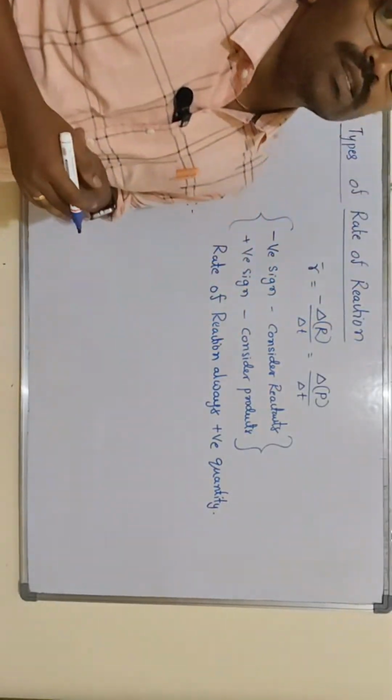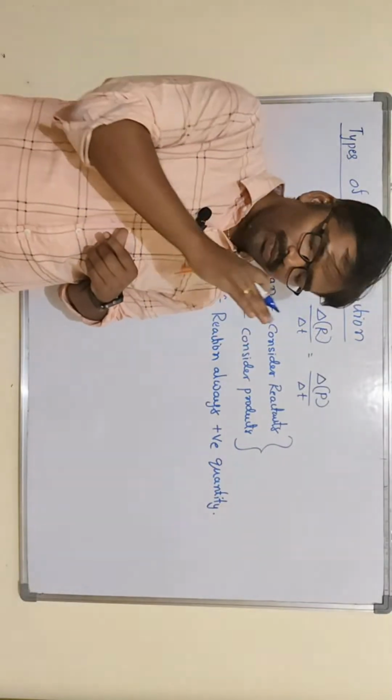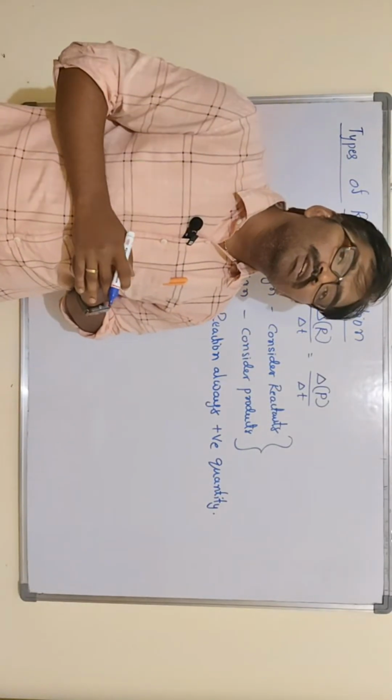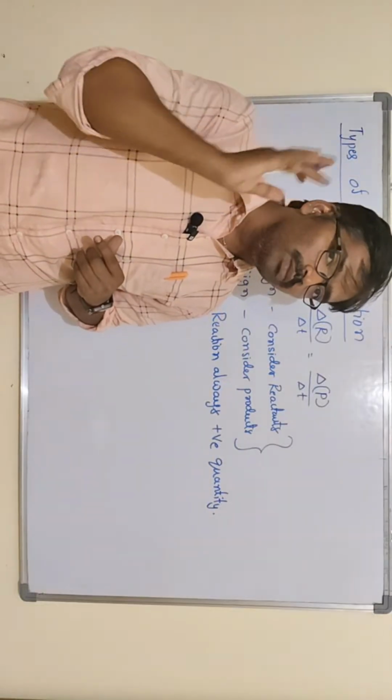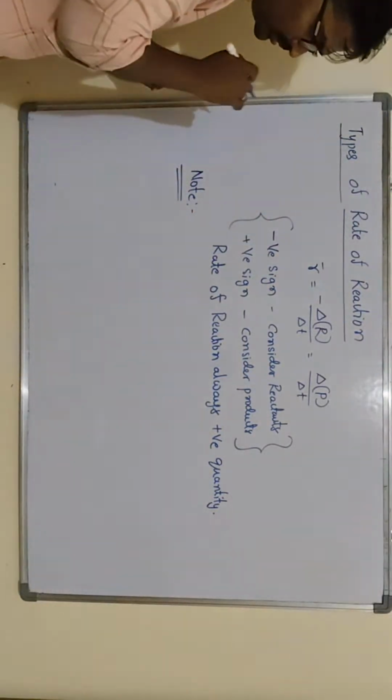For other order reactions, decreasing the concentration of reactants or increasing the concentration of products is in an exponential manner. So you have to observe these two observations.